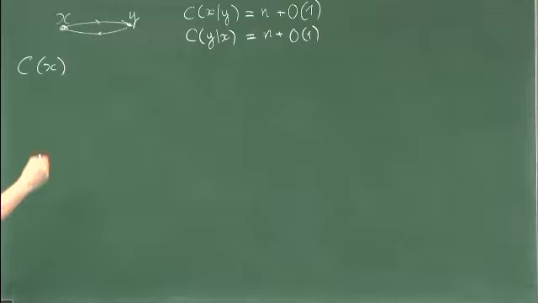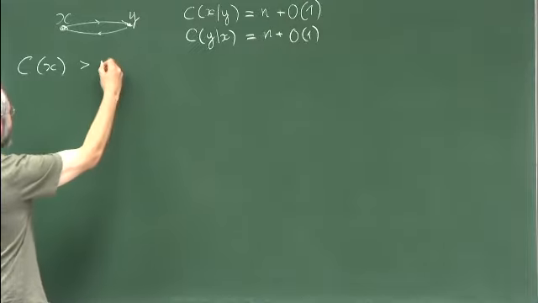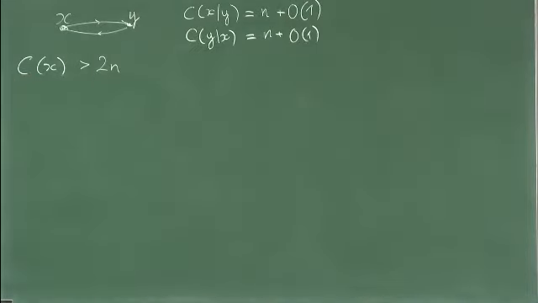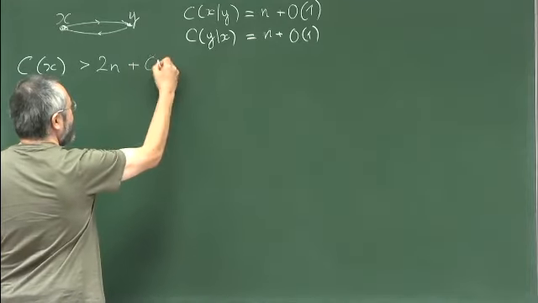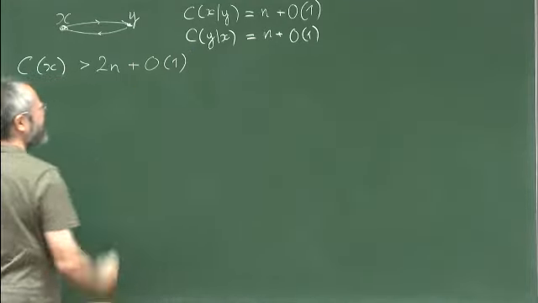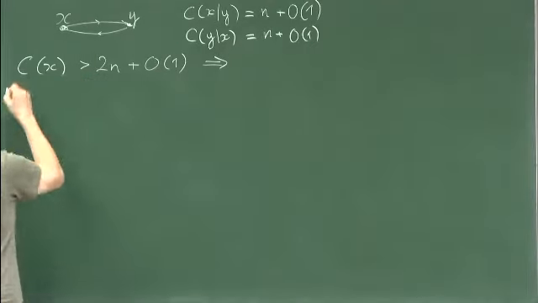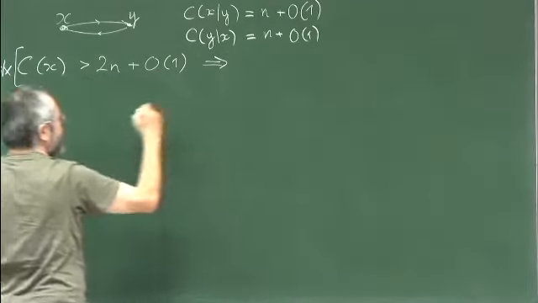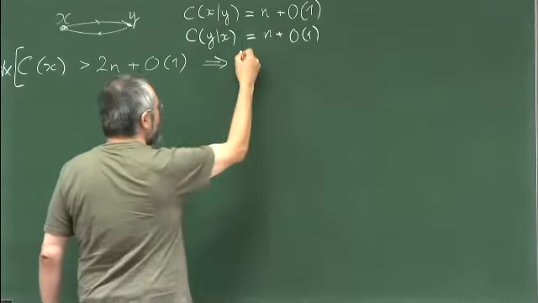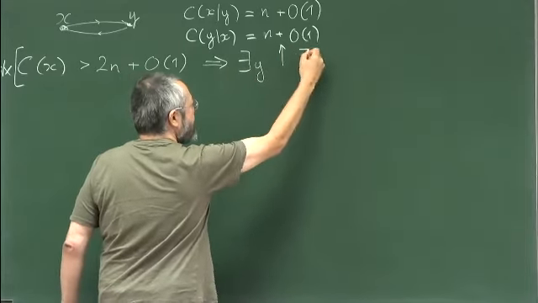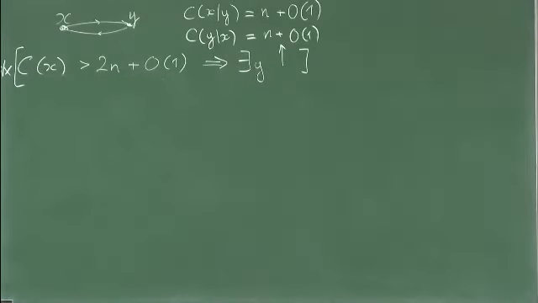What Vyugin proved was that if the complexity of x is greater than 2n plus a constant, then for every such x, such y exists. So you can always find y at the prescribed distance in both directions.